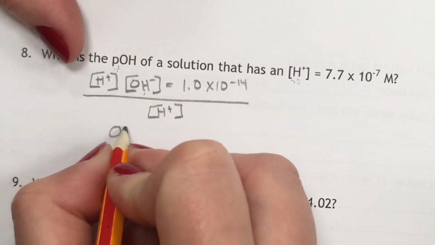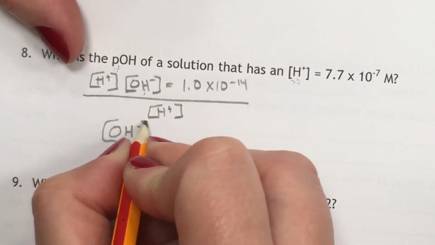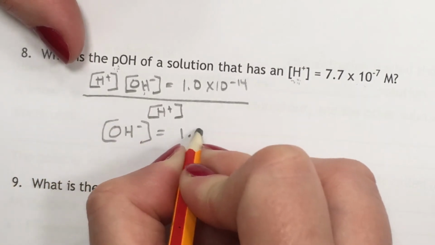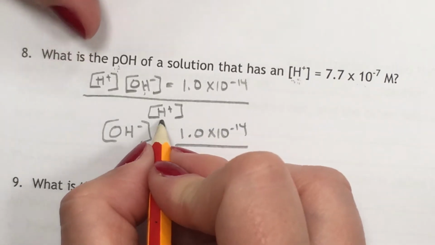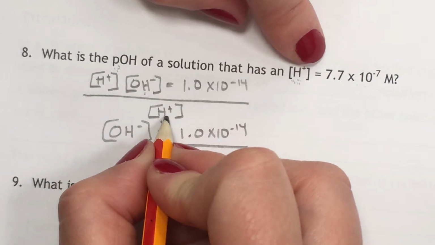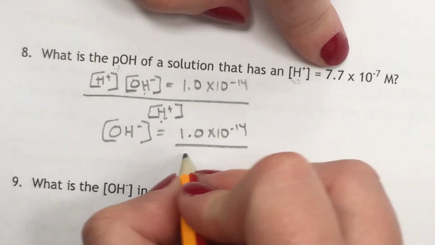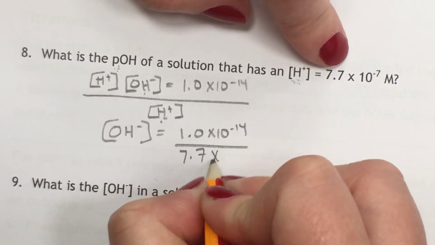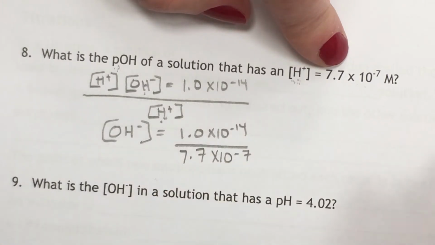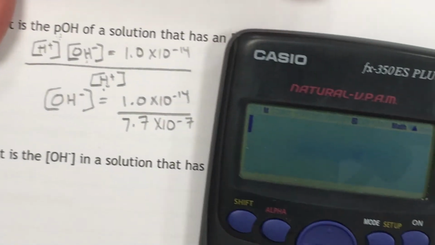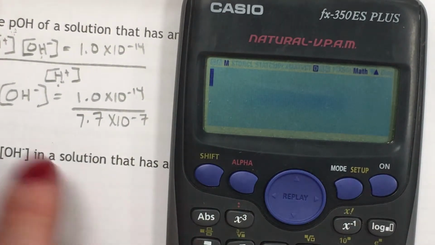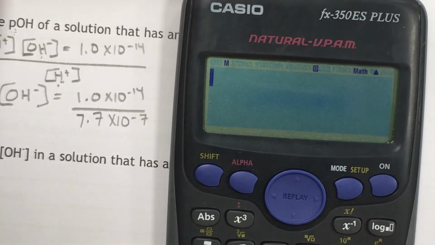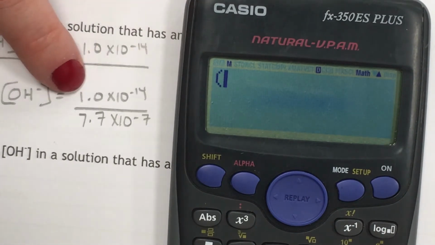We have [OH-] equals 1.0 times 10 to the negative 14 divided by the hydrogen ion concentration. So let's just plug it in now, because I'm not wanting to rewrite all of it again, and I'm sure you don't want to watch me rewrite it. And then we just plug it into the calculator. If you want to do it in your brain, subtracting because of the dividing, that's fine. I'm not the best at that.